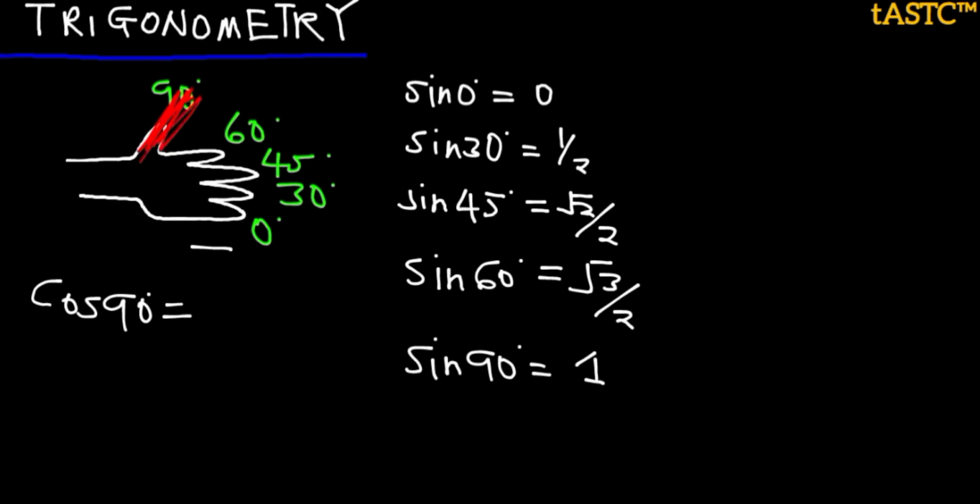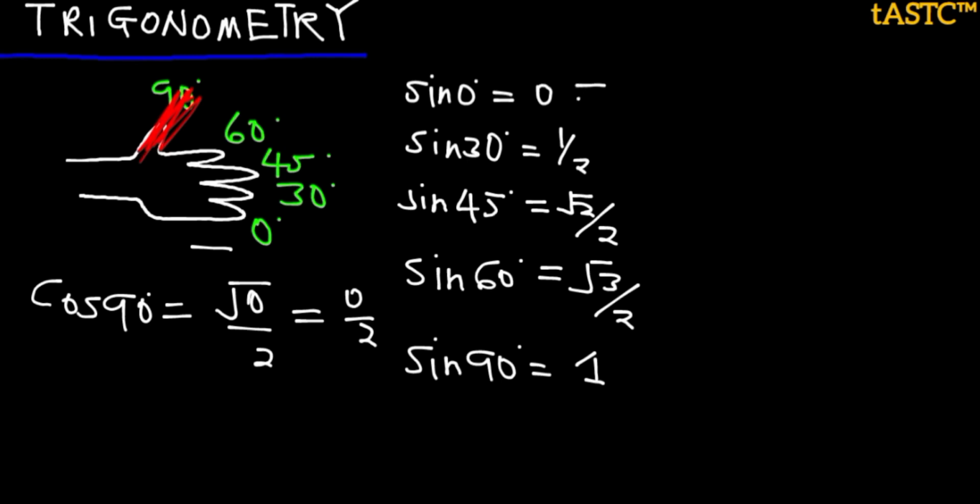Now you need to consider how many fingers you're going to have above 90. That is obviously 0. You don't have any fingers beyond 90 degrees. So that will be the square root of 0 divided by 2. So this is going to be 0 divided by 2, which should give us 0.